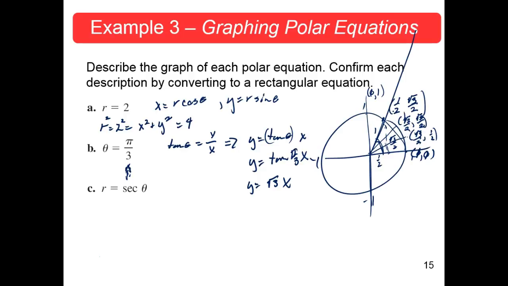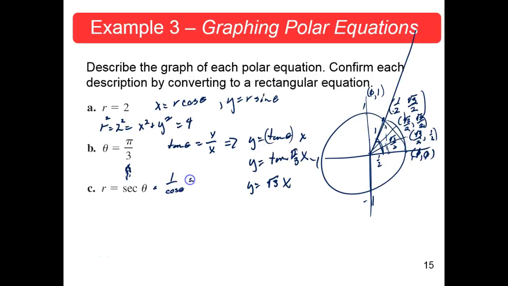I need to talk to some trig teachers. What is secant? Please, somebody. Reciprocal identity. What is secant? Yeah, it's exactly 1 over cosine.